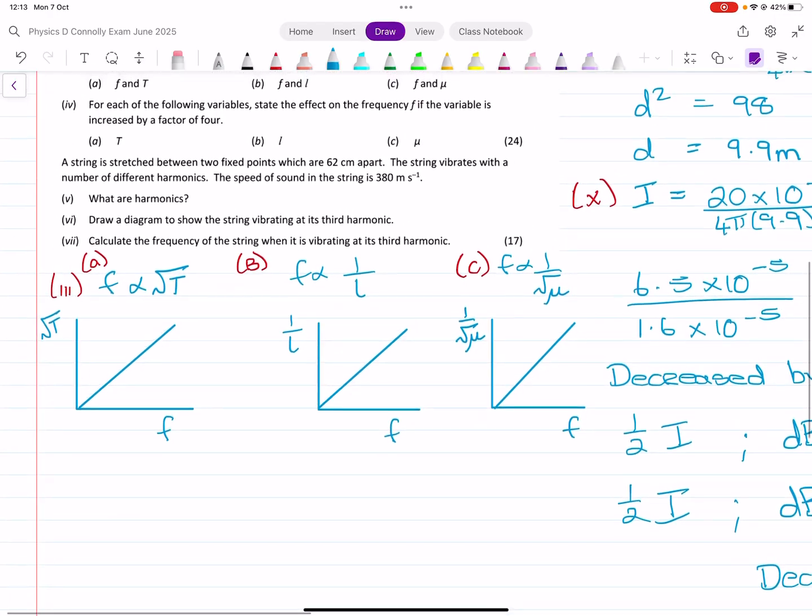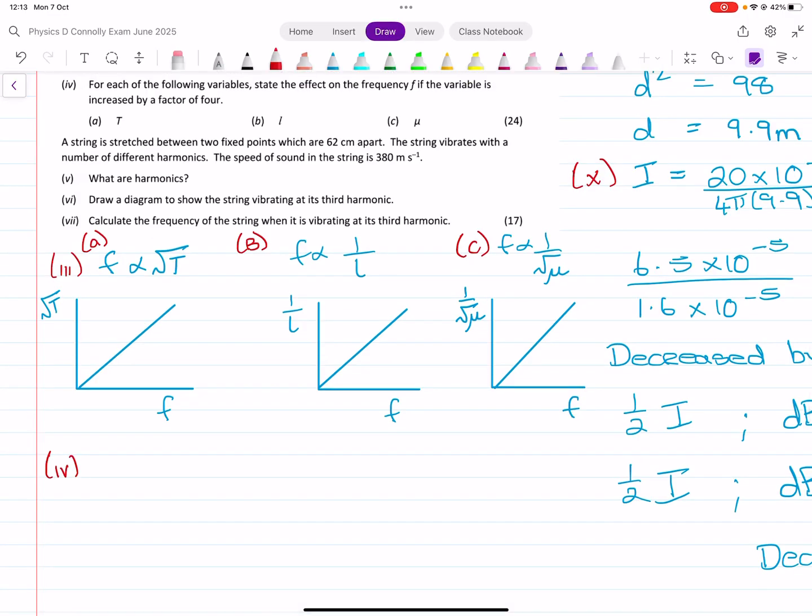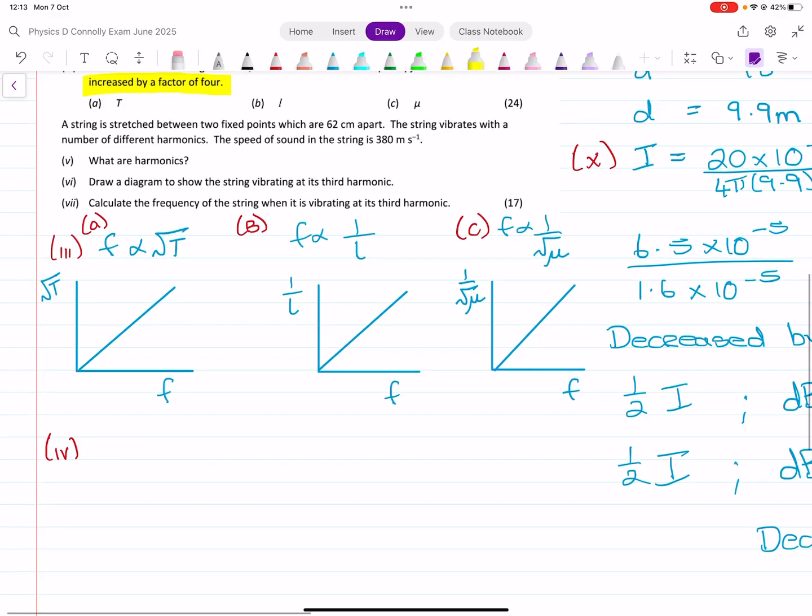For each of the following, state the effect on the frequency if the variable is increased by a factor of 4. So if tension is increased by 4, frequency, they're directly proportional, so it's also increased, but it's increased by the square root of 4, which implies that it's increased by 2.